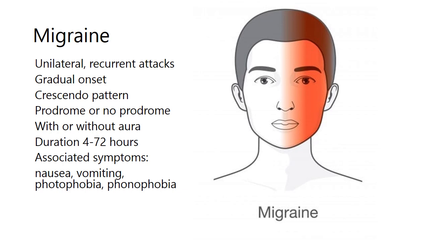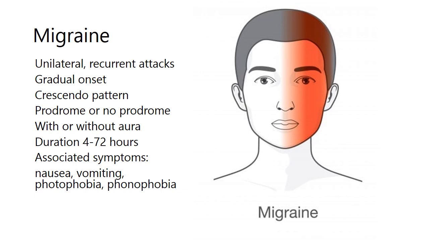Aura's visual manifestations can be characterized as either negative, so some loss of vision, or positive, which is these visual scotoma, as they're referred to, interferences with the vision that are superimposed on top of what the patient is able to see. Most commonly, patients describe an arc of wavy lines superimposed over their vision.